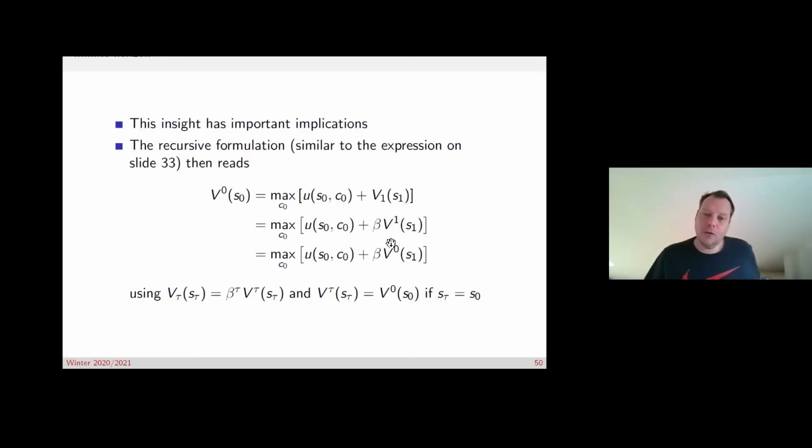So instead of writing v superscript s_i, you could also write v superscript 0 s_i. So the problem that you are in tomorrow is the same as the problem you were in today, if and only if the states that you experience are the same. Does that make sense?